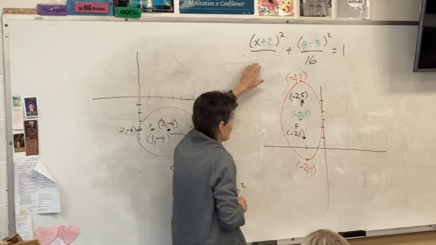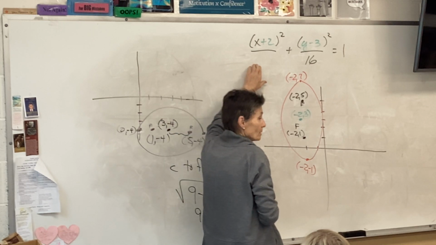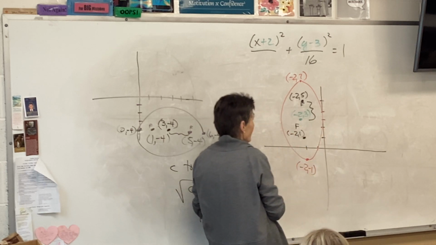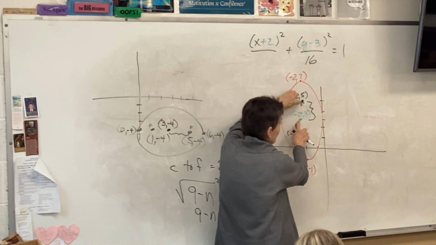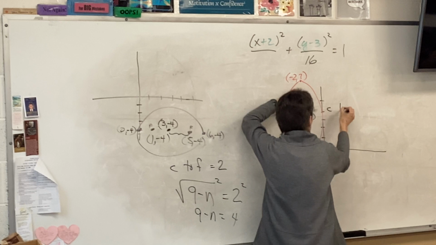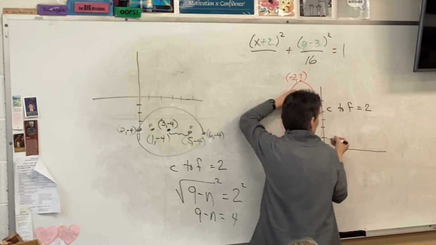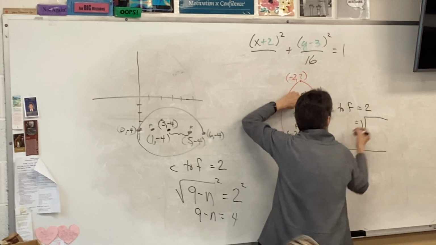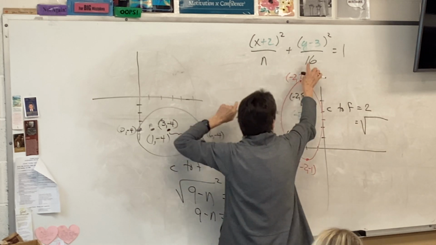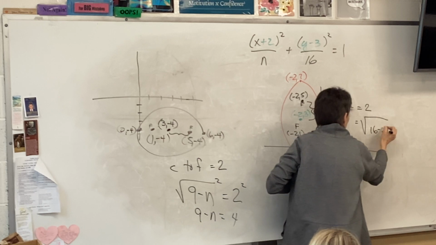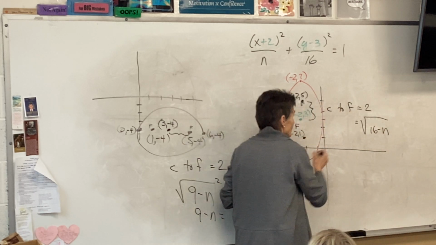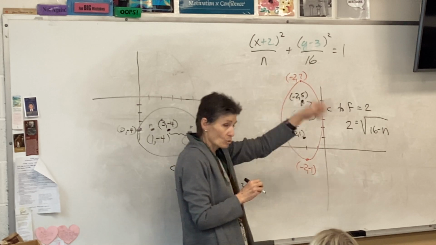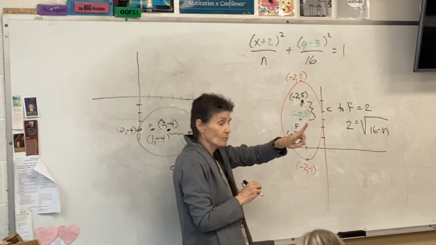I don't know what the other number's gonna be, but we're gonna figure it out. This guy right here, how far is it from the center to the focus? So center to focus is 2. I know that to find that distance, I am supposed to subtract my denominators and take the square root. So 16 minus n square rooted has to be 2.